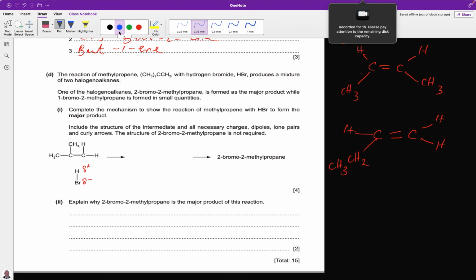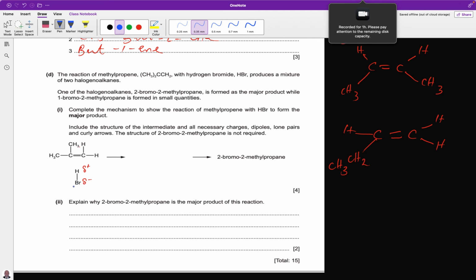What happens here is this is a double bond, a high density cloud of electrons, and it is the pi electrons that are reacting here. The hydrogen here is going to act as an electrophile, and electrophiles are electron pair acceptors. Then there's going to be what we call heterolytic fission between hydrogen and the bromine.